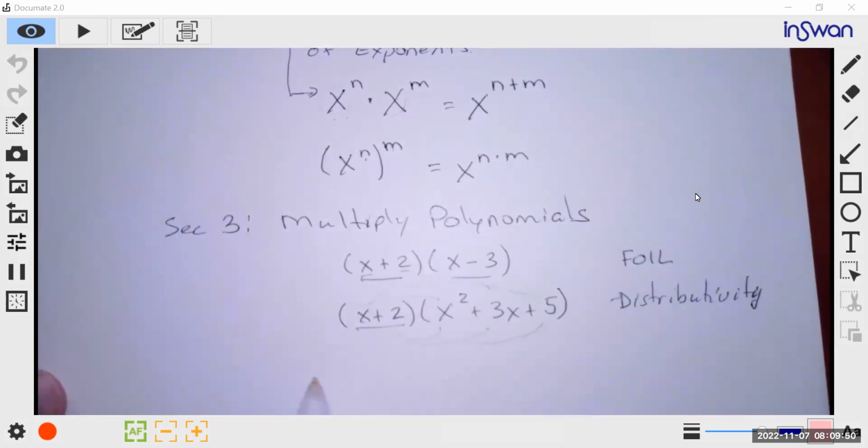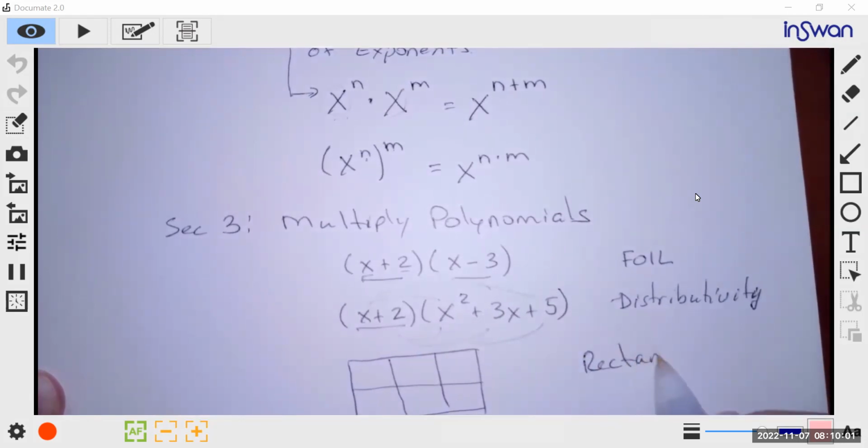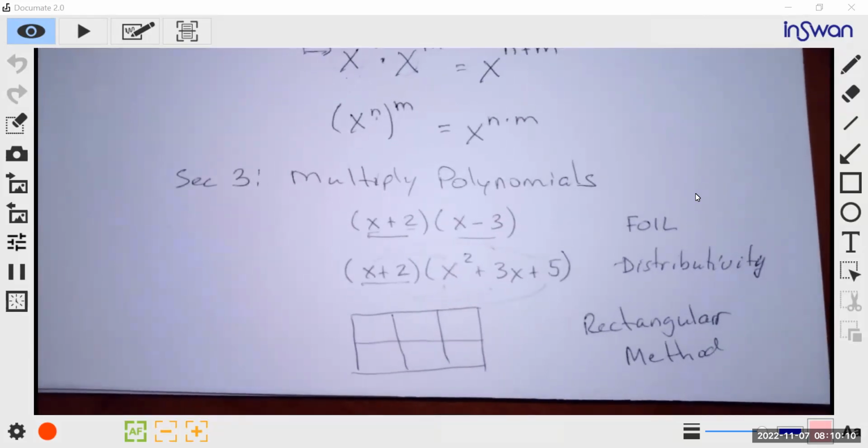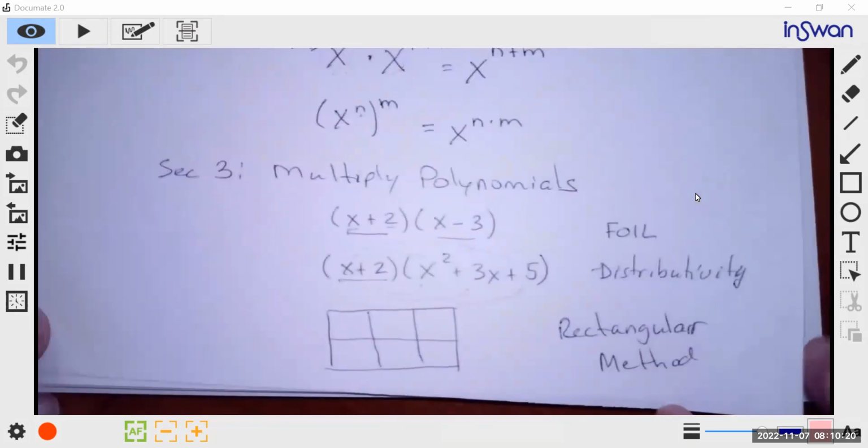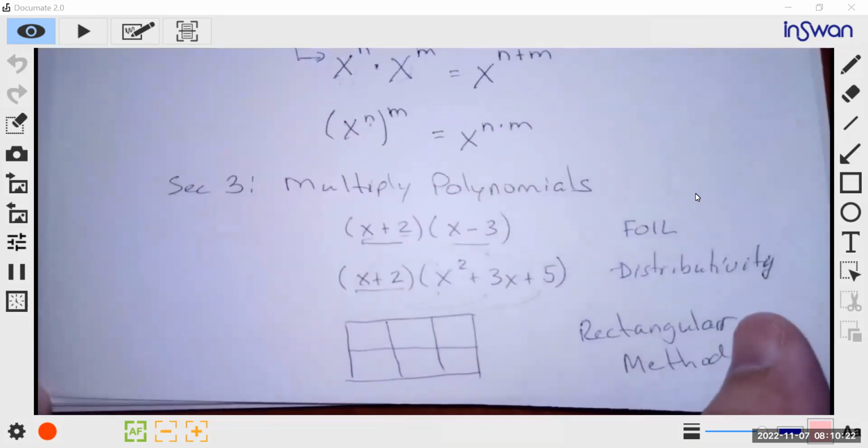It's called the rectangular method. And it'll make life much easier. All you have to do is remember how to combine like terms. So we'll do a little bit of both of those this morning.